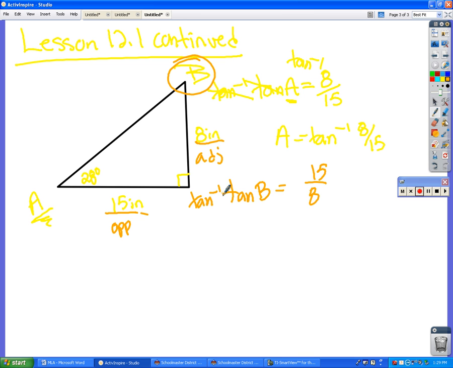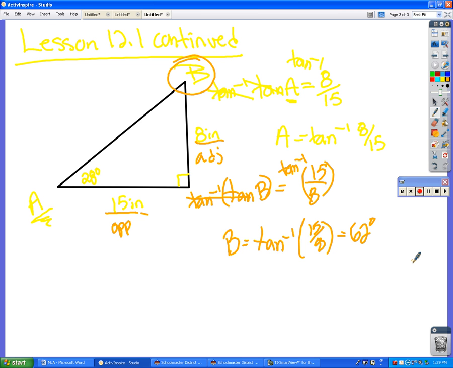But if I'm going to do the inverse tangent of this side, then I have to do the inverse tangent of the other side also, just like if you add two things to this equation or divide or something like that. So the inverse tangent and the tangent cancel, and B equals the inverse tangent of 15 divided by 8, which is about 62 degrees.